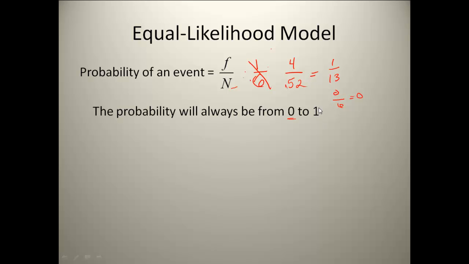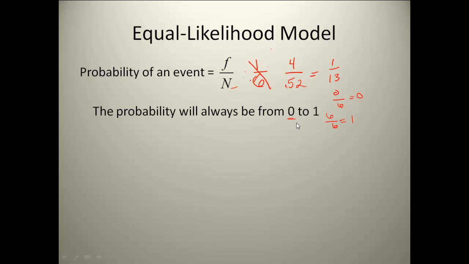Now, a probability of 1 means it has to happen. It is guaranteed to happen. So if I have that 6-sided dice and I ask what's the probability of rolling a number 1 through 6, well, there's 6 ways that can happen, and there's 6 total possibilities. 6 out of 6 gives me a 1, so it's guaranteed that I will roll a number 1 through 6 if I have a 6-sided dice.